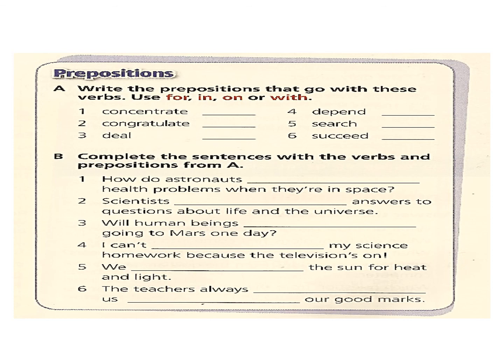Good job. 3. Will human beings, space, go into Mars one day? Will human beings succeed in, will they be able to go to Mars one day? 4. I can't my science homework because the television is on. I can't concentrate on. You can't concentrate on your homework.